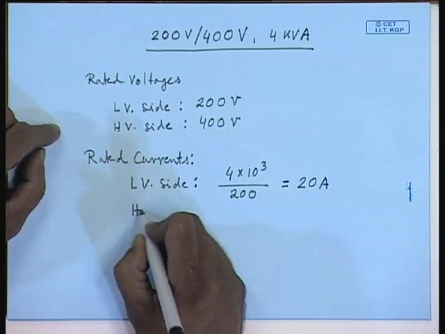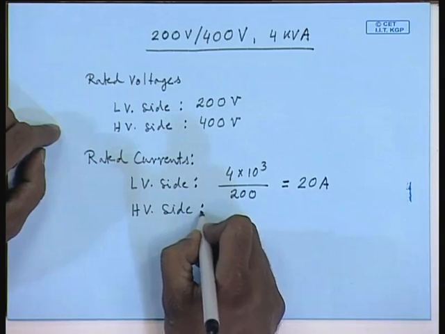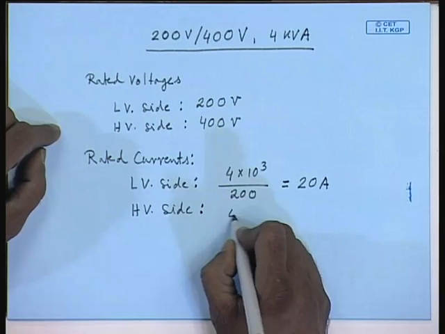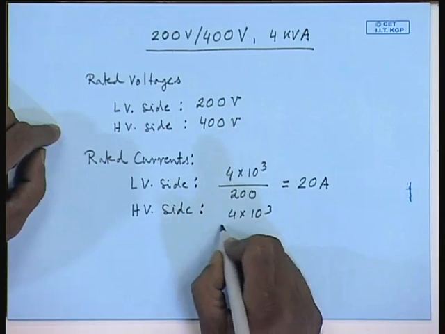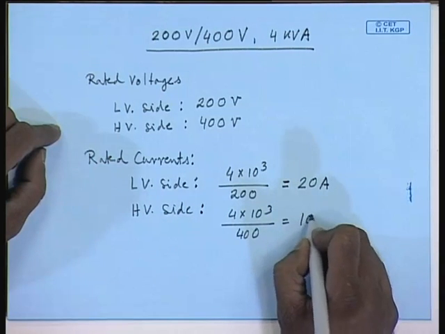For the HV side, it is 4 kVA divided by rated voltage equal to 10 amperes.